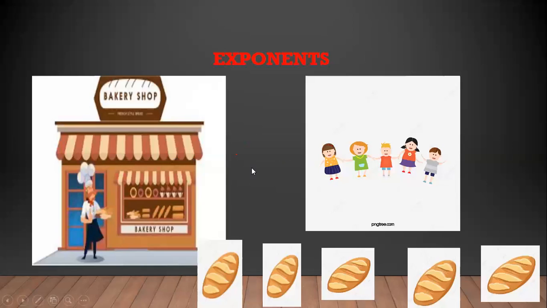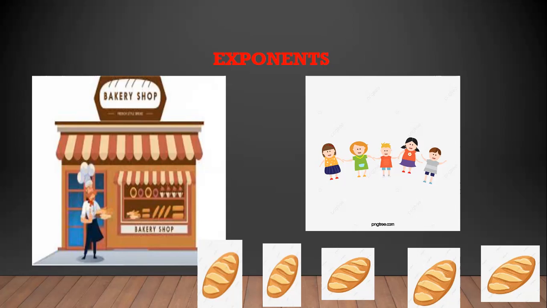Exponent, it means... first I will tell you a short story. 5 friends are going to a bakery shop to buy a slice of bread. Okay, 5 friends. They buy 5 slices of bread.